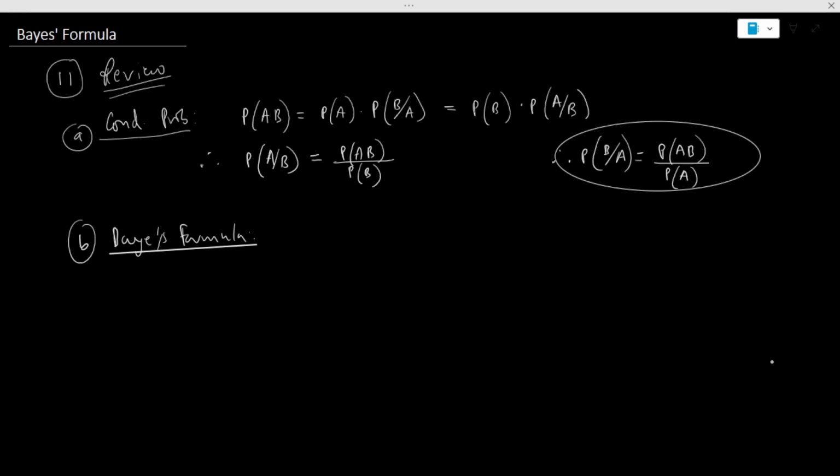In place of the probability of A intersection B, we substitute the value from this relationship. Here we know B, and that is why we substitute the information of A over here, and here we know A, that is why we substitute the information of B over here.